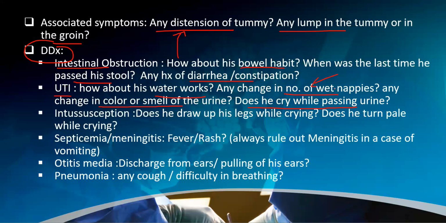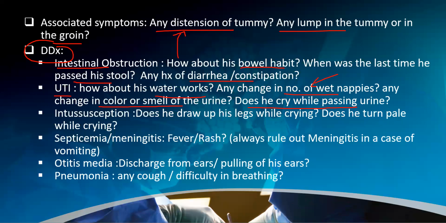And any change in number of wet nappies? Children who have a decreased number of wet nappies, especially on the background of any infection, that suggests that they are not eating properly, or especially they are not drinking properly, that means that they are dehydrated. So that's why we ask this question. If they say yes, if it is reduced in amount, then think that the child most likely is dehydrated as well.